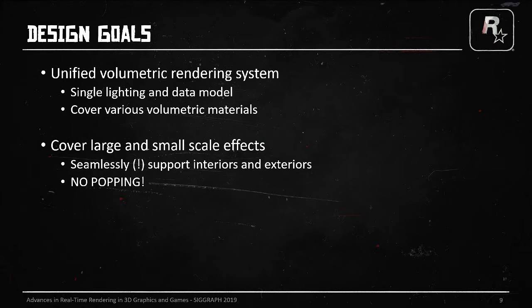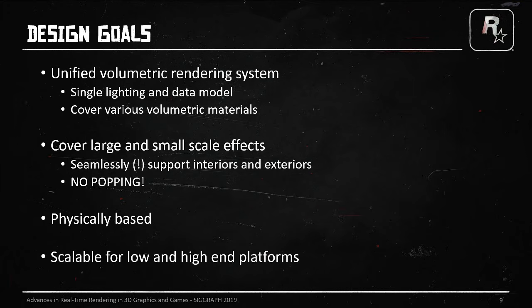What we wanted to avoid is cases where the camera moves from the exterior to an interior, and we have to essentially switch the lighting solution on or off based on that context, and potentially introduce popping. And of course, we want to follow the physical basics of what we just saw. However, it also needs to be scalable for low and high-end platforms.